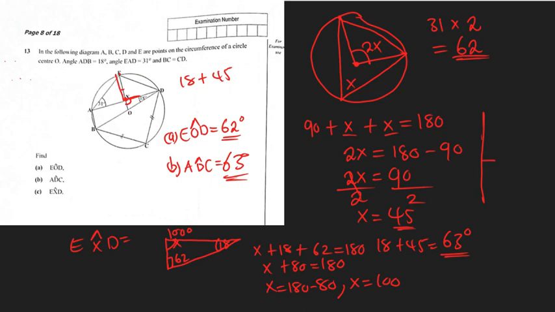This straight line, you have this angle here which we are saying is 100. Now the entire straight line is equal to 180. So how do we find this one? We just say 180 minus 100, and then we're going to get 80 degrees. So this one automatically becomes 80 degrees.